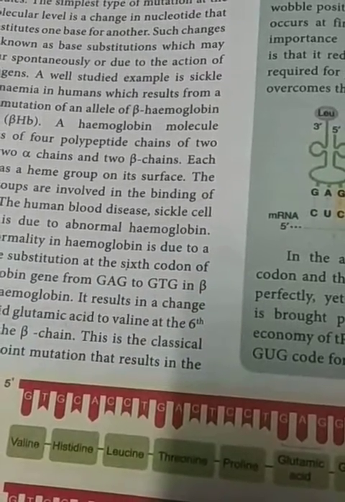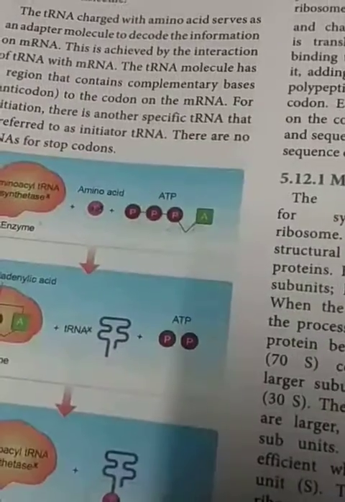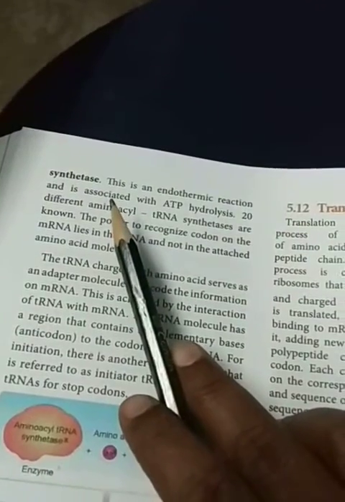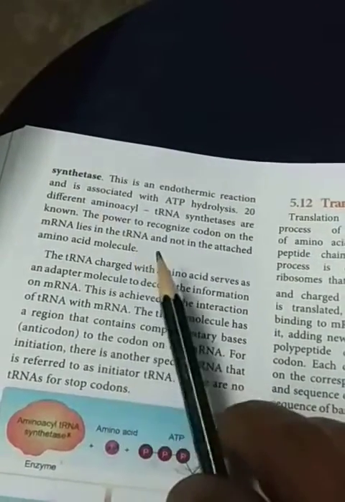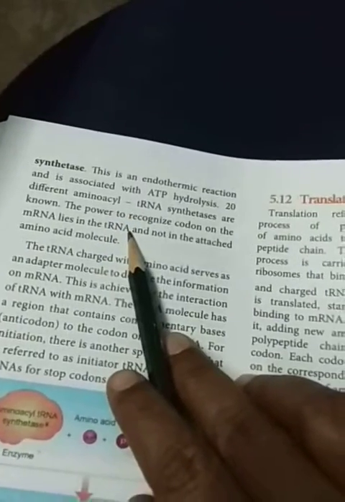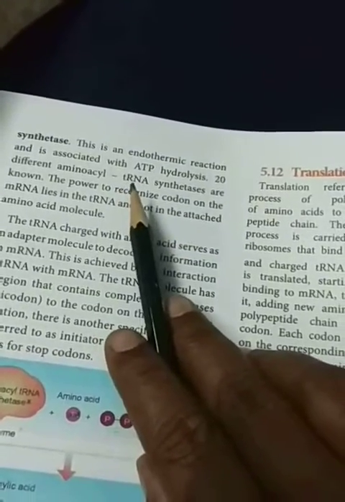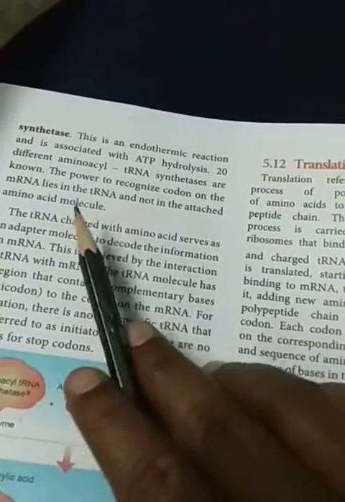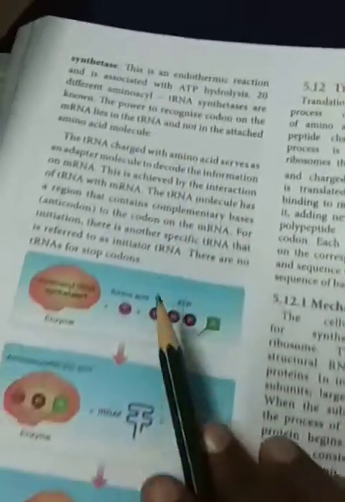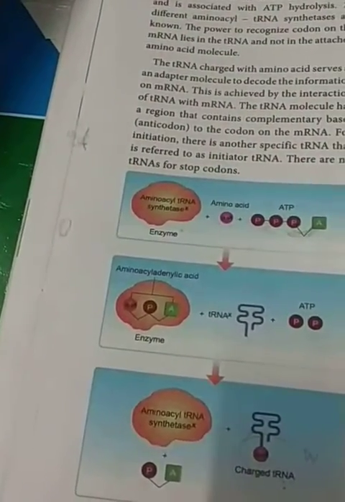This aminoacylation is catalyzed by the enzyme aminoacyl tRNA synthetase. With the help of the aminoacyl tRNA synthetase enzyme, the amino acid is bound to the tRNA molecule. That is the charged tRNA. When the amino acid is not bound to the tRNA molecule, that is known as the uncharged tRNA. What are the two different kinds of tRNA?